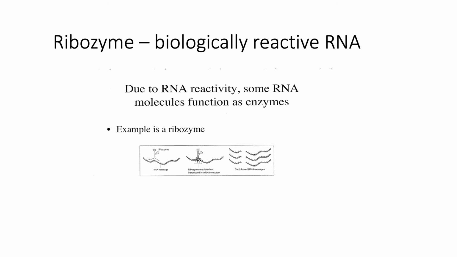So this class of ribozymes cuts other RNA molecules, so it acts as an enzyme. And in fact, splicing, which we'll talk about much later in the semester, in part occurs through the ability of the RNA to cut itself. So RNA is clearly reactive. It can act as a ribozyme and cut other RNA molecules.